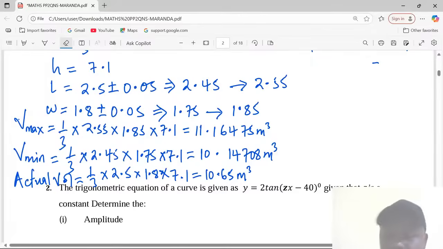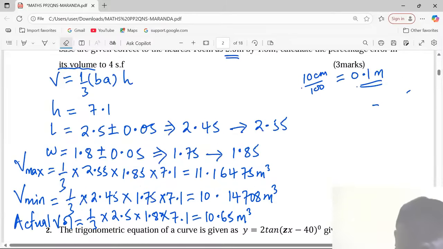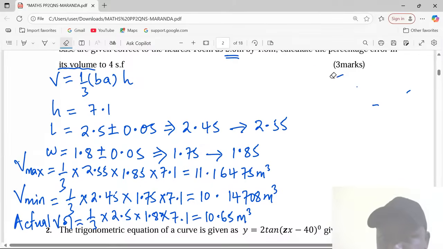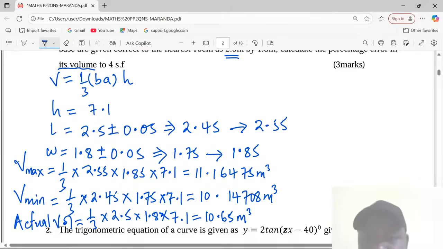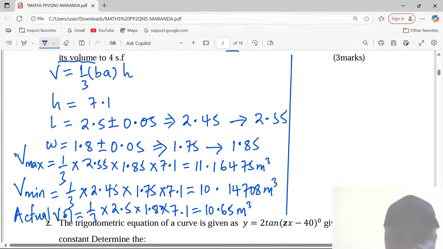So with this now, ladies and gentlemen, we are supposed to talk about absolute error in these computations. You know, we have absolute error in the recording of dimensions and also absolute error in the computation of values. So when we get to the absolute error in these computations, we shall be talking about absolute error, which is gotten by maximum minus minimum over 2.